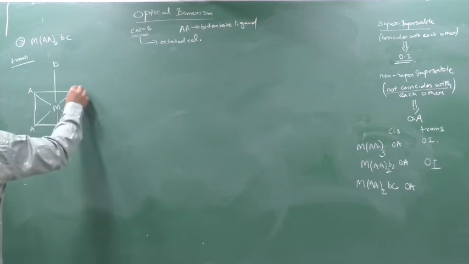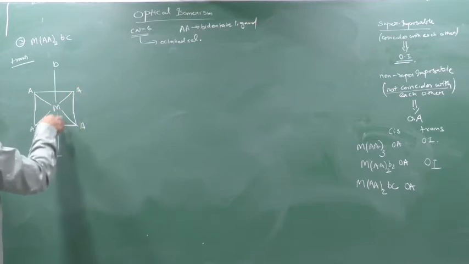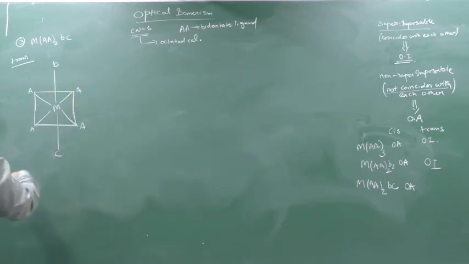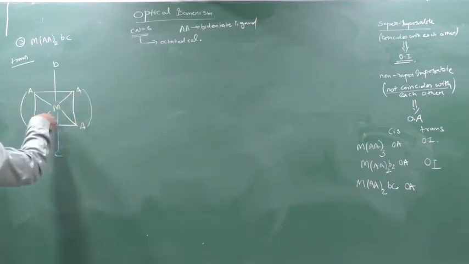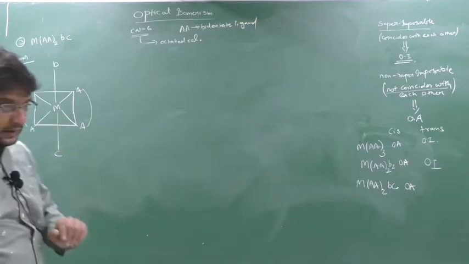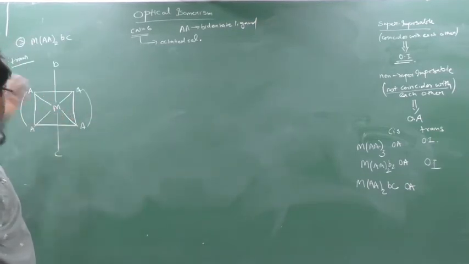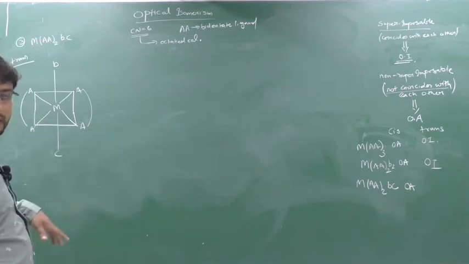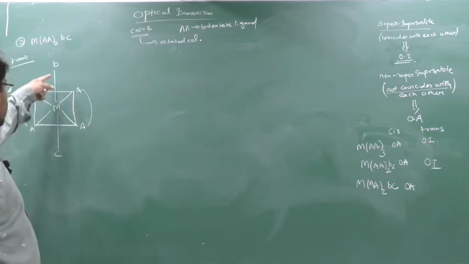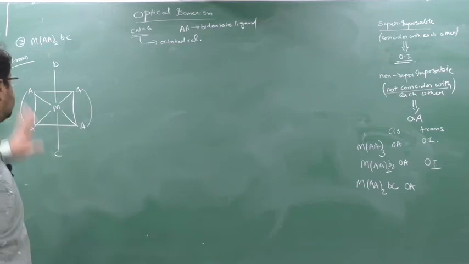They should be 180, yes or no? See this B and C, they are 180. Previously B and C were 90. In that, all were 90. Even C was here, so 90, 90. But here B and C are 180, transposition.